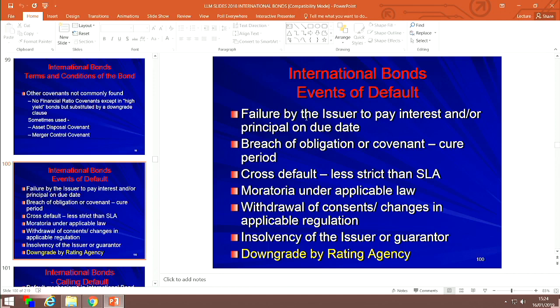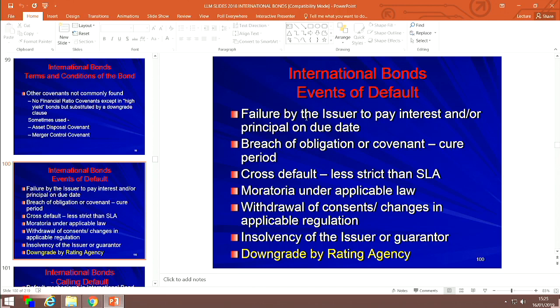And one other thing, if you remember the syndicated loan's cross-default clause, and I'm not going to ask you the question because you will never answer it, the cross-default clause refers to any default or any potential default capable of becoming an event of default in relation to borrowings, indebtedness, or any other financial arrangement or transaction. So extremely wide. It applies to any kind of borrowing, any kind of indebtedness, any kind of financial transaction, including, for example, a derivative transaction.